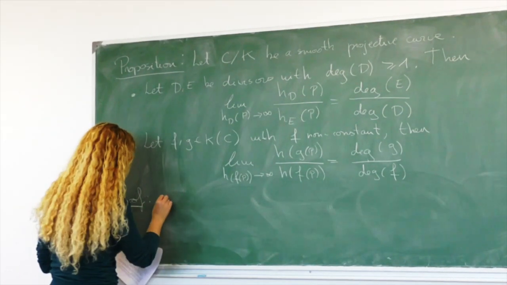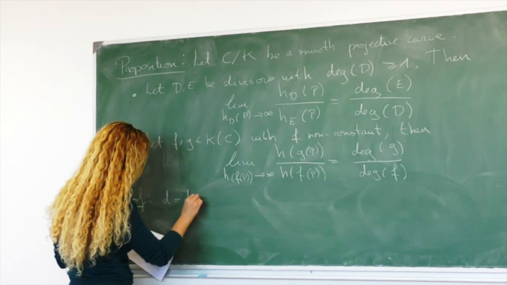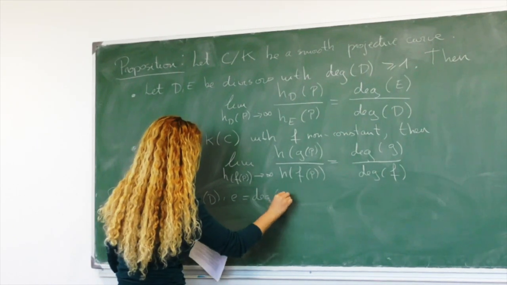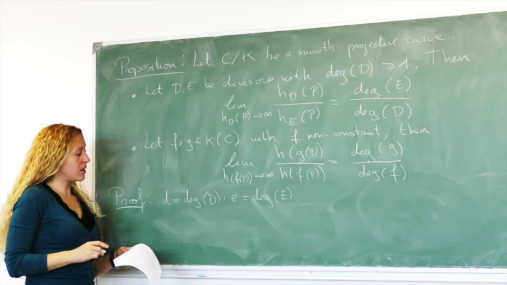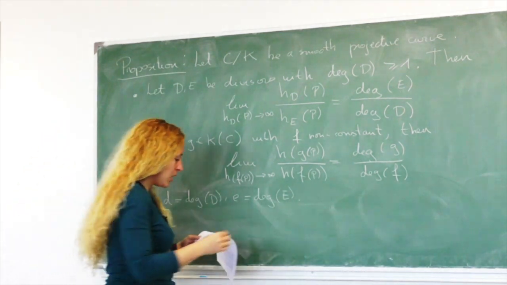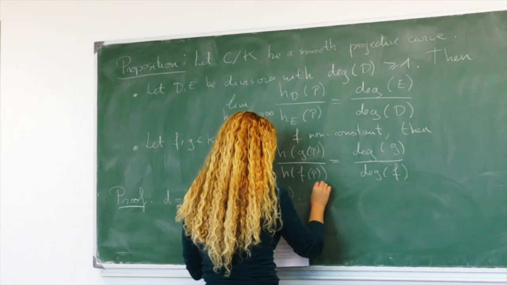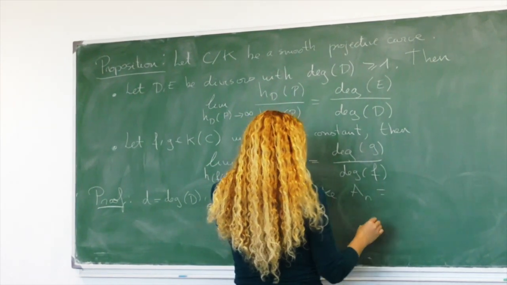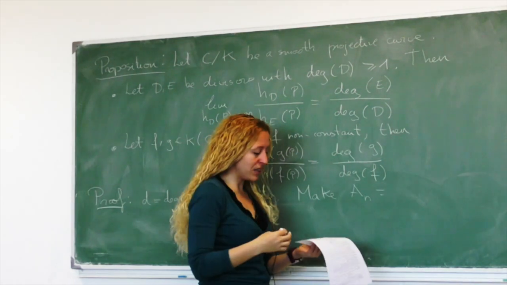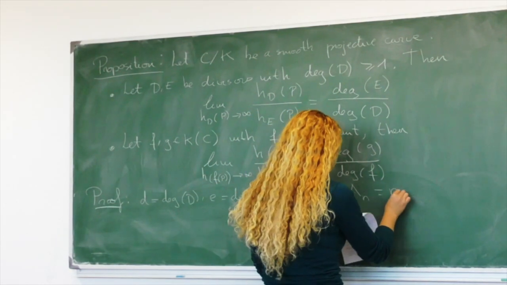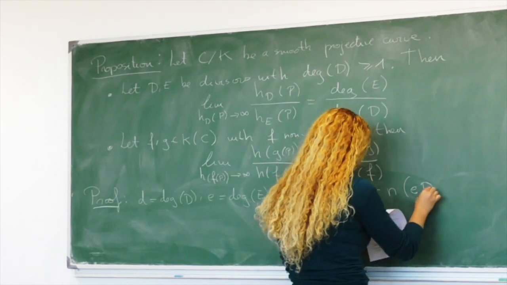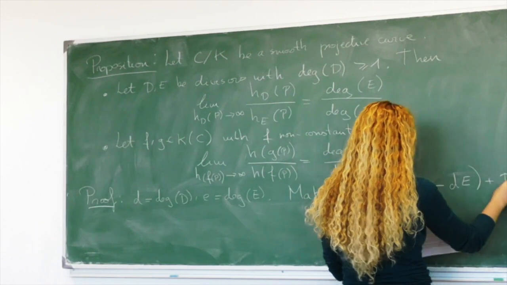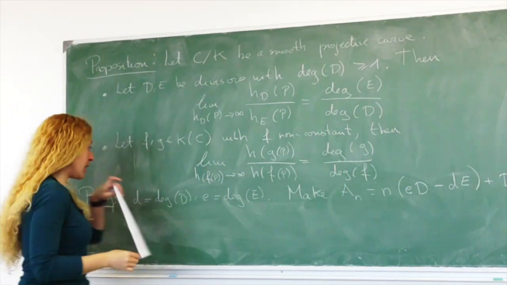Some notation. Let me call d the degree of D and e the degree of E, the degrees of the divisors. Let us consider another divisor, depending on a parameter n, defined as A_n equal to n times (e times the divisor D minus d times the divisor E) plus D. Who is the degree of this divisor?